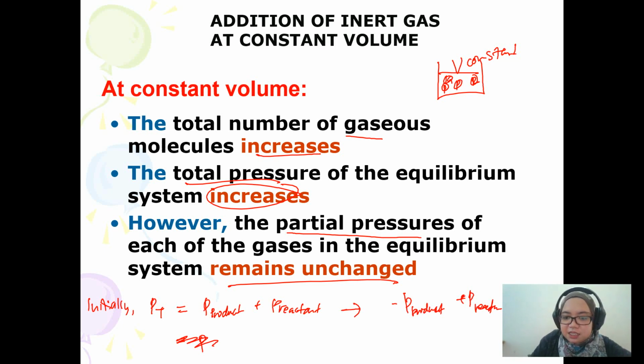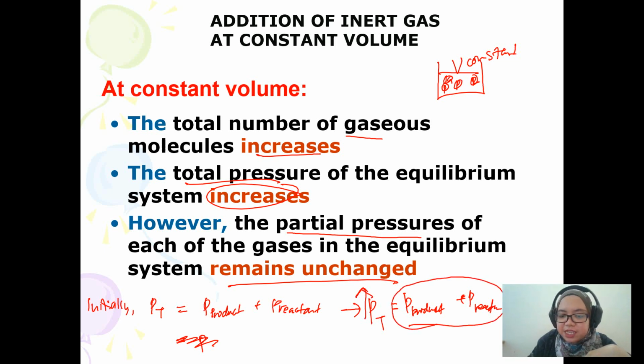So, dekat sini disebabkan volume dia constant, bila kita tambah lagi banyak gas kat situ, total pressure akan increase. So, dia tak akan effect pun lah partial pressure ni. Sebab apa? Partial pressure product dengan reactant tadi akan remain unchanged. Sebab total pressure increase disebabkan oleh pertambahan partial pressure inert gas tadi.